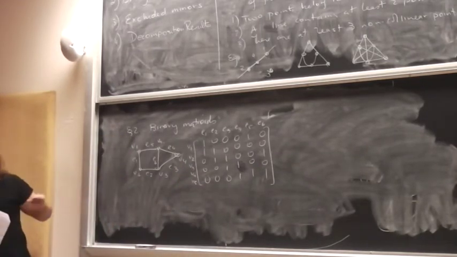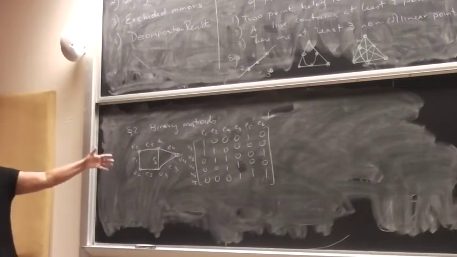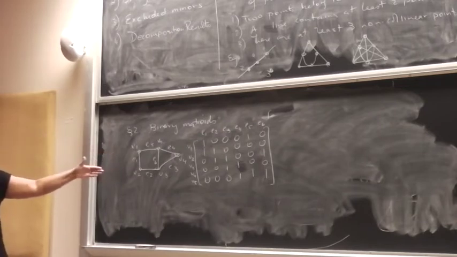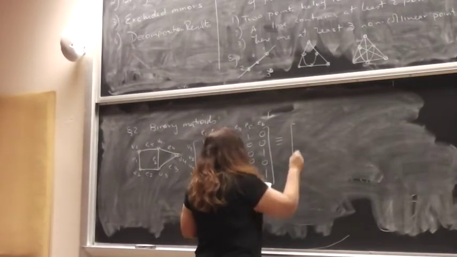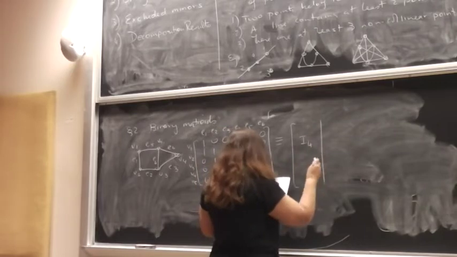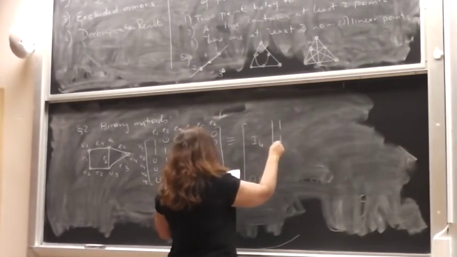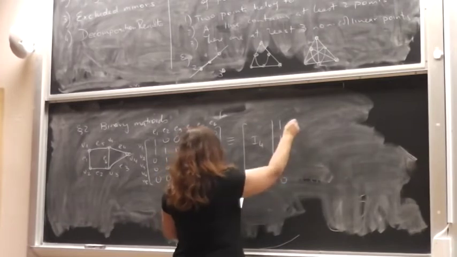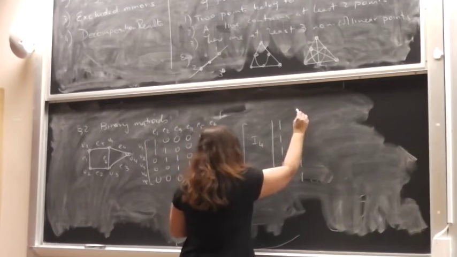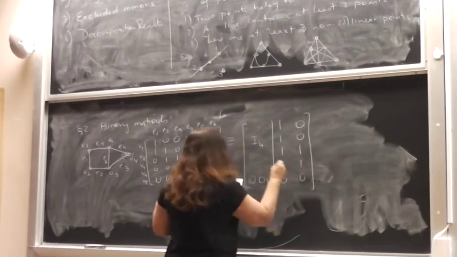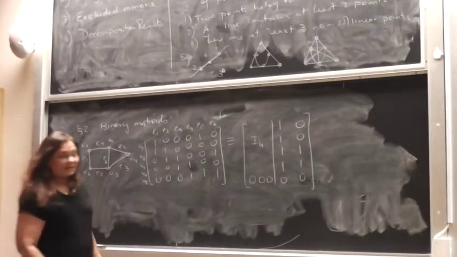With a little effort, we can do elementary row operations on this matrix, and write it in standard form with the identity on one side, and you would get actually this.